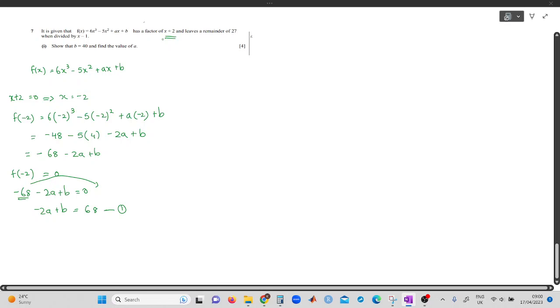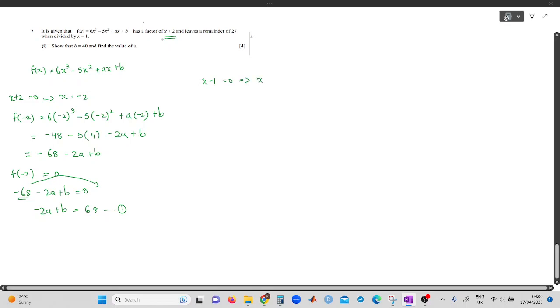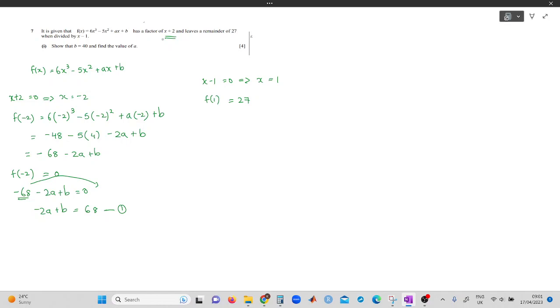Donc, même fonction, it leaves a remainder of 27 when divided by x minus 1. So, x minus 1 means x equals 1. Donc, when I do f of 1, I have to get 27 because it leaves a remainder of 27. Donc, I will replace x equals 1 and equate it to 27.